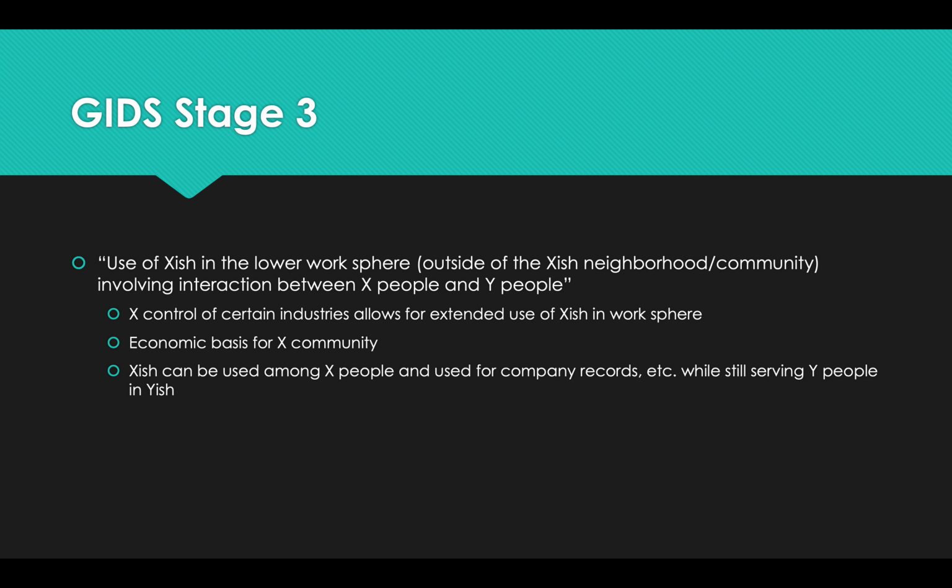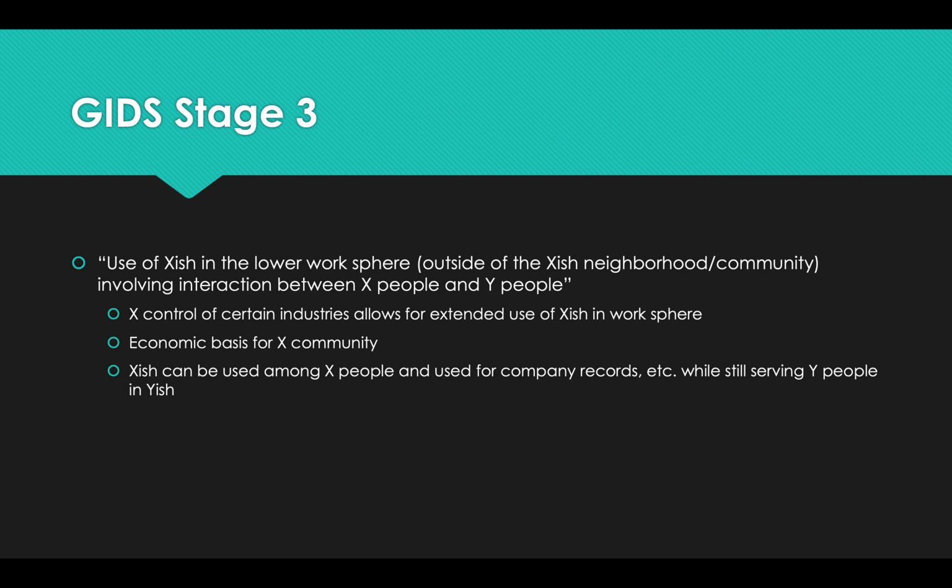Okay, so stage 3, the use of X in the lower work sphere outside of the X neighborhood or community, involving interaction between X people and Y people. So what this makes me think of is being able to use X in the workspace outside of an X neighborhood or community.